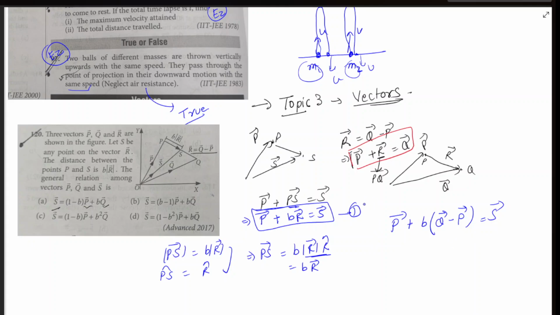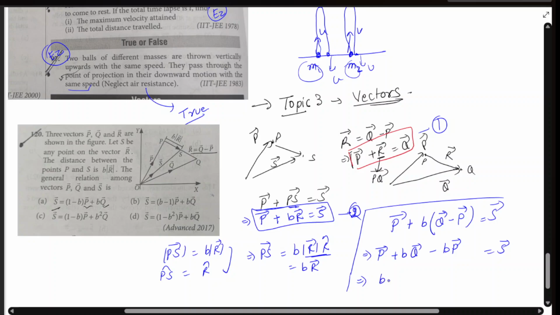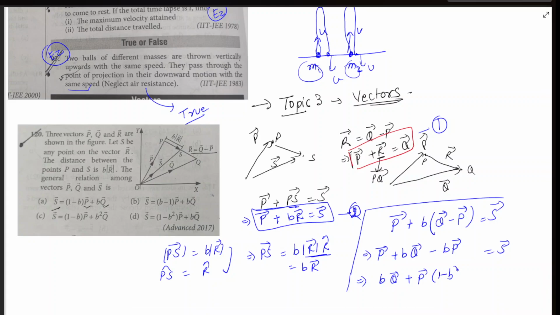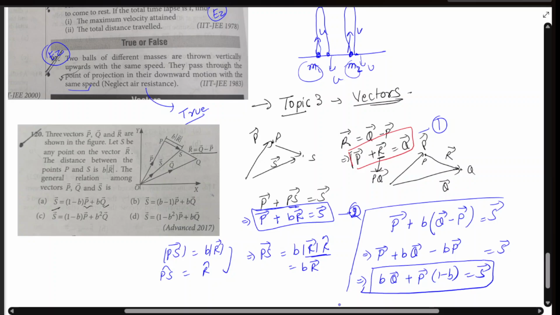This was our first, this was our second, so from first and second we have done this. We can write P vector plus B Q vector minus B P vector, so it will be B Q vector plus P vector times 1 minus B is equal to S vector, right? This is our answer. That is an easy question.